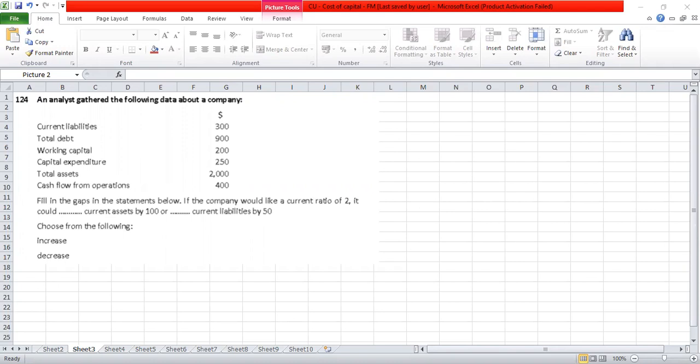So now we have to figure out what would happen. We have the values given. First we need to figure out what the current assets and current liabilities are. We see that the current liabilities are 300. Working capital is 200.